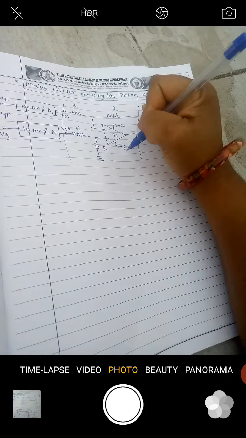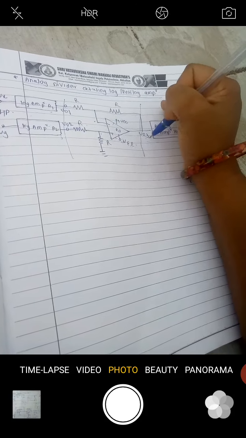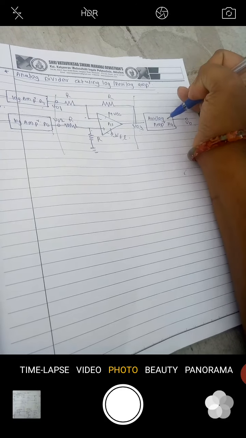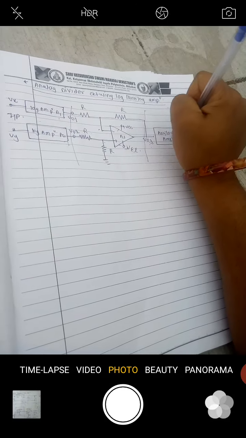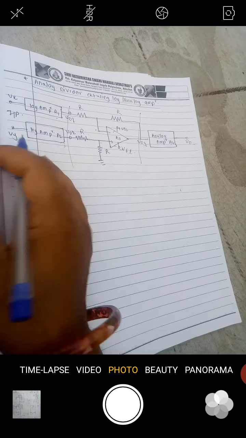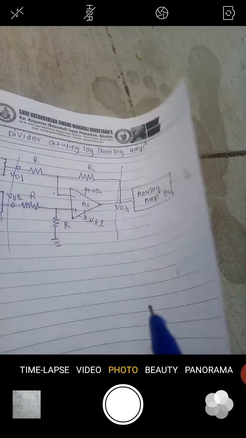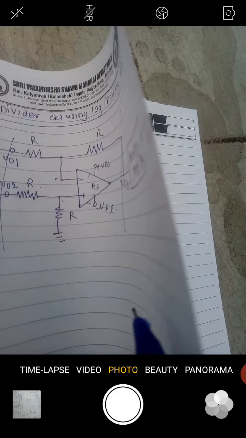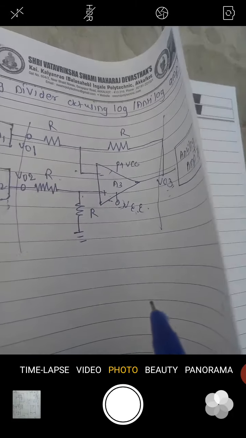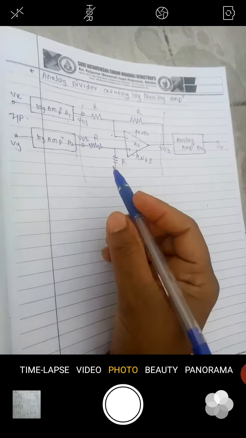The output of this subtractor circuitry, V03, is given to the anti-log amplifier A4, and A4 output V0 is nothing but the division of these two inputs. Here Vx is the numerator terminal and Vy is the denominator terminal. Means output is Vx upon Vy.